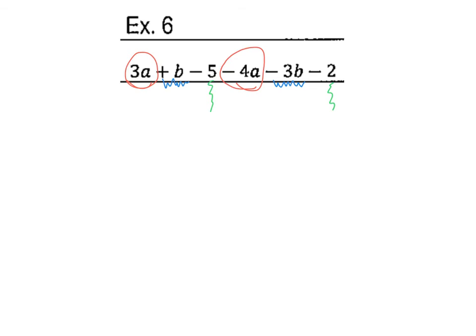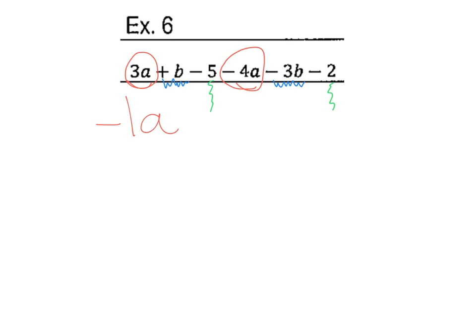Okay, so now only the things that are matching go together. Let's start off always with, okay, we go alphabetical order. Numbers go at the end. So I'm going to start off with 3a and negative 4a. What is a 3a and then a negative 4? Just add the numbers, a 3 and a negative 4. Negative 1a.